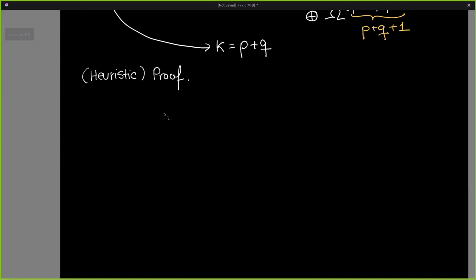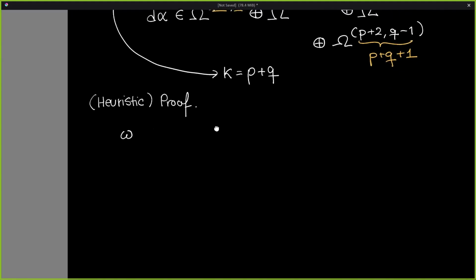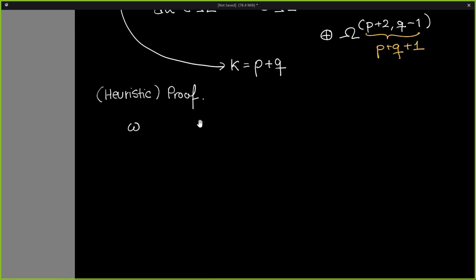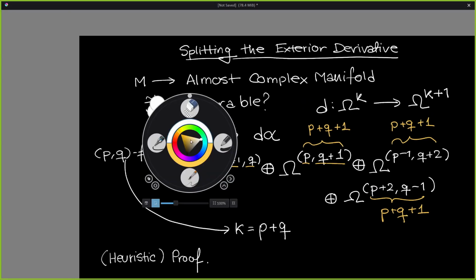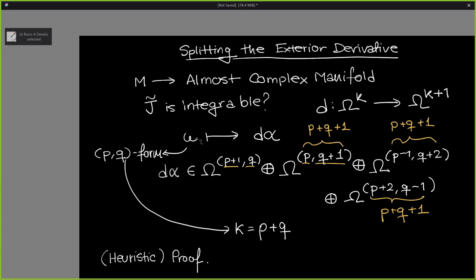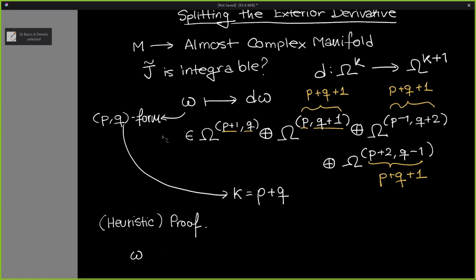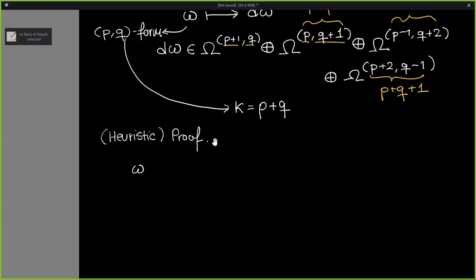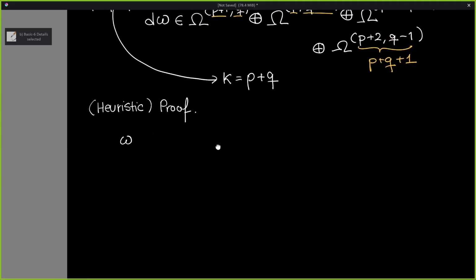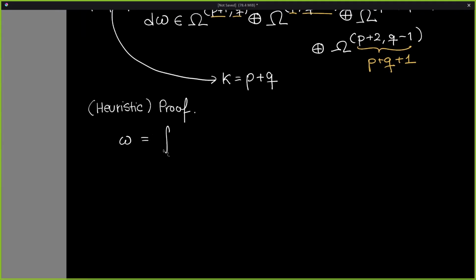So let's say that we have omega, which is a PQ form. Well, in fact, let's stick to omega. I'll rename this to omega because translating it on the fly is going to be difficult. So let's call it omega. So let's say that omega is f wedge d theta wedge d phi.